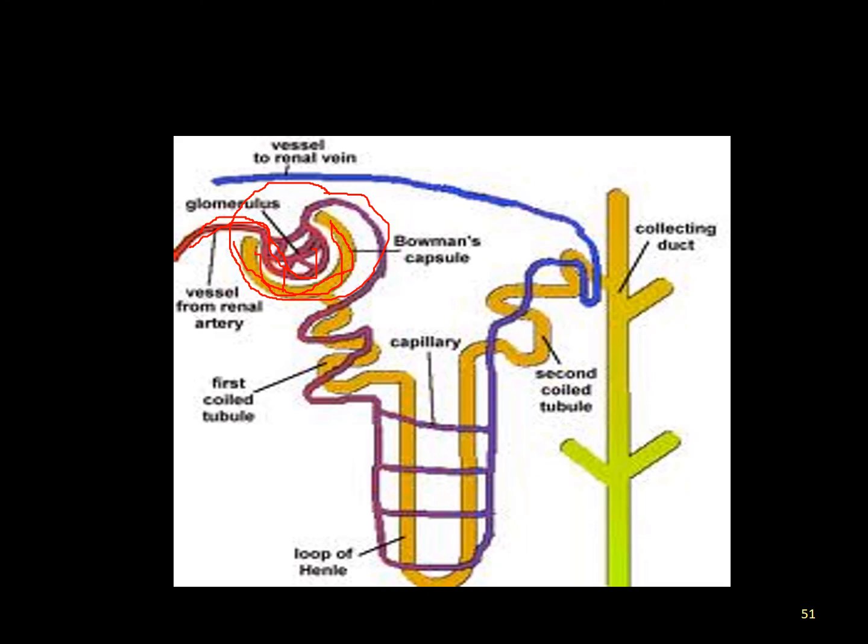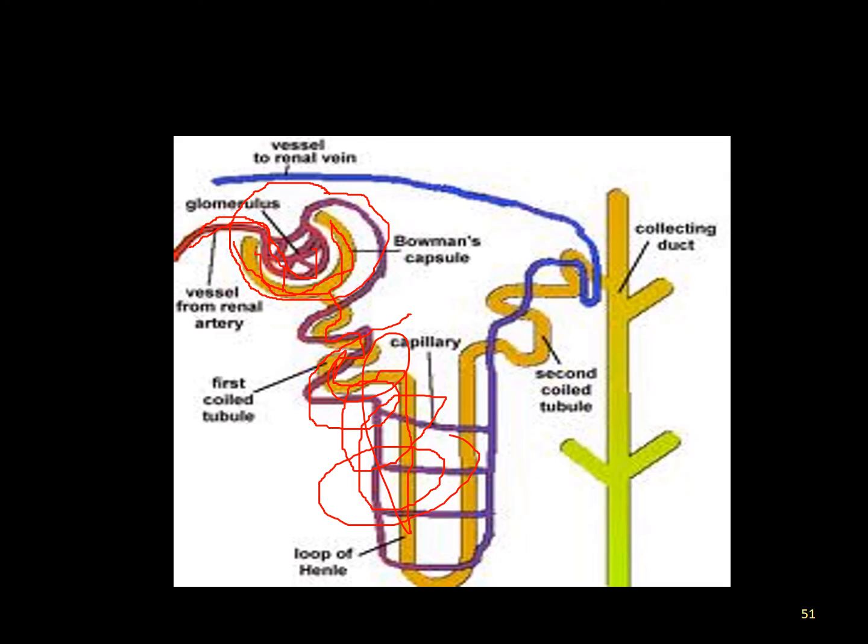So you've got Bowman's capsule, which becomes the tubules of the nephron, right? This is the nephron, this yellow stuff. This is where the urine is forming. This is where the waste products are accumulating. Wrapping around the nephron is the renal arteriole, these blood vessels.